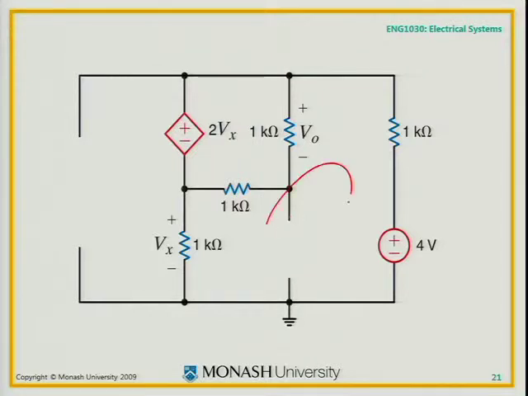You could say there's a loop, current I1, there's a loop, current I2, but when you go to do Kirchhoff's voltage law around that loop, what you'll find is that I2 equals 0. So the circuit that results is the one you would have got if you'd got rid of this in the first place.